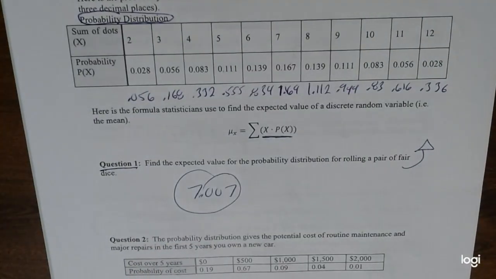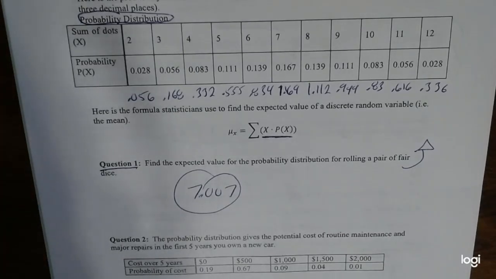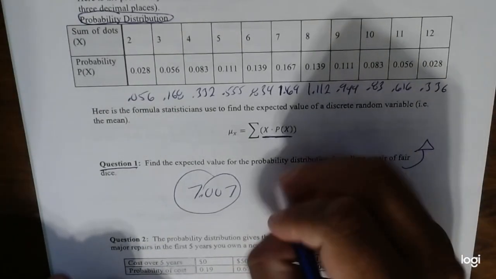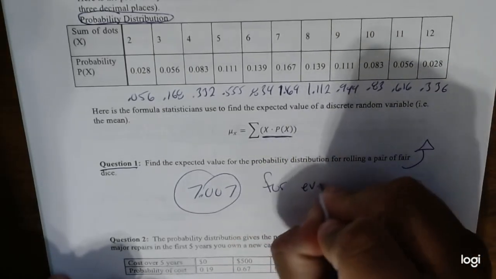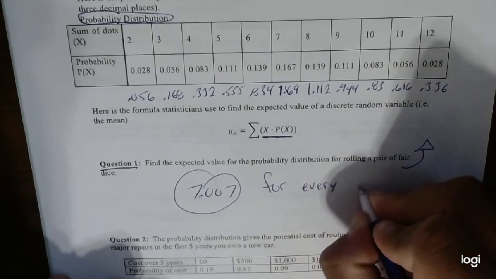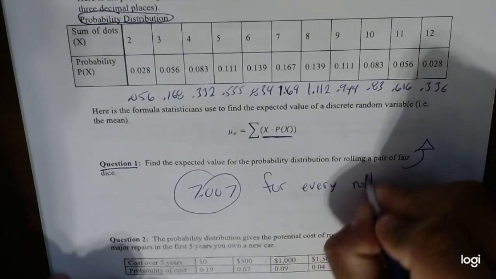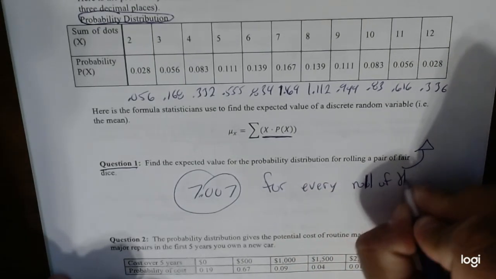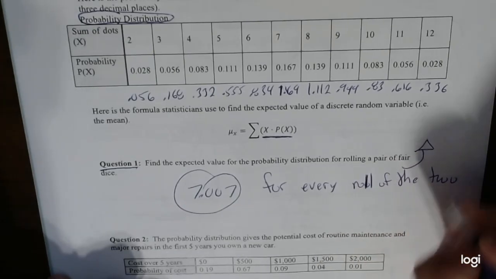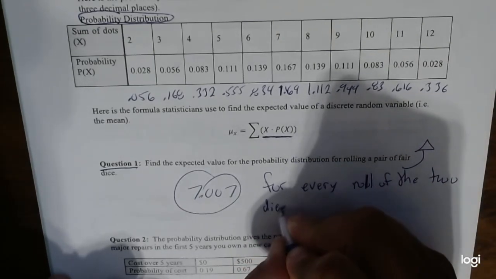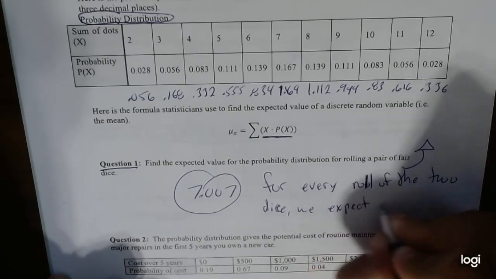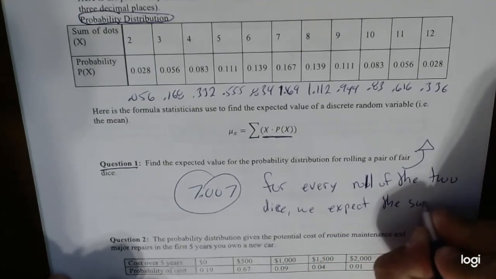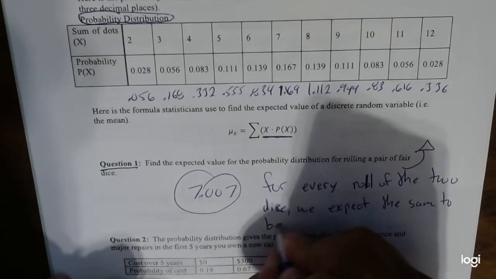Okay, so what does this actually mean? What this basically means is the average. For every roll of the 2 dice, we expect the sum to be 7.